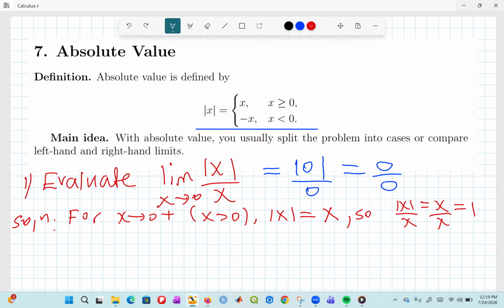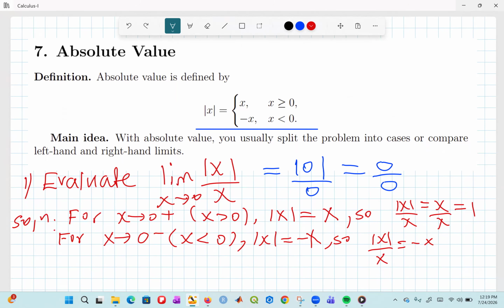What about the left side? For x approaching 0 from the left, this means x is less than 0. So the absolute value of x becomes negative x. Okay, so absolute value of x over x is negative x over x, which gives us negative 1.